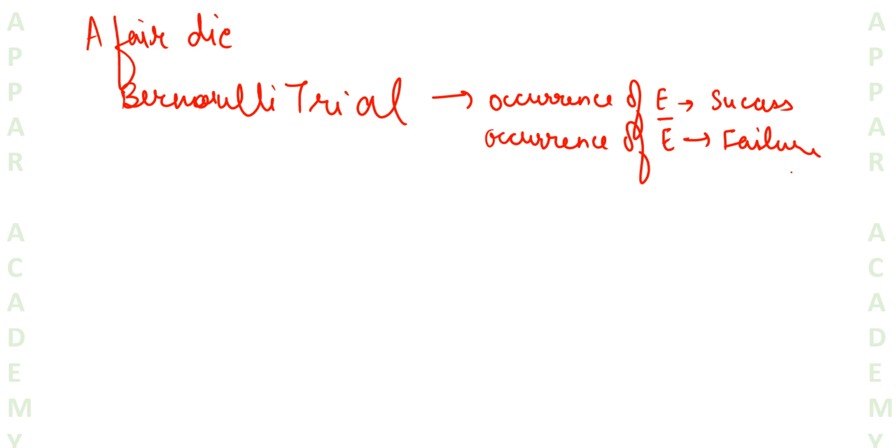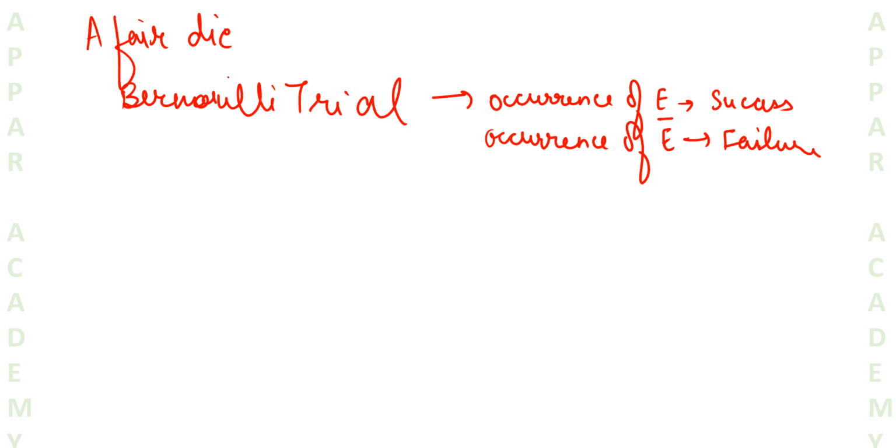So we'll simply convert whatever is not a success into a failure. So again that becomes a Bernoulli trial, because now there are only 2 outcomes, either a success or a failure. And this is what a Bernoulli trial says, and we have converted it into that format. Right?